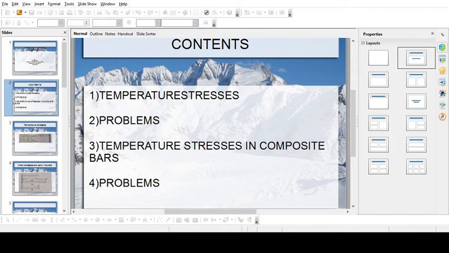It occurs only when the free expansion or contraction due to the change in temperature is prevented by the external grips or external forces. These stresses are called temperature stresses.